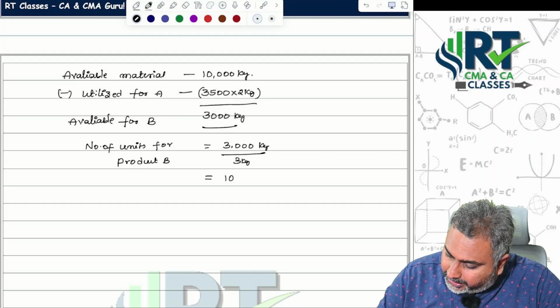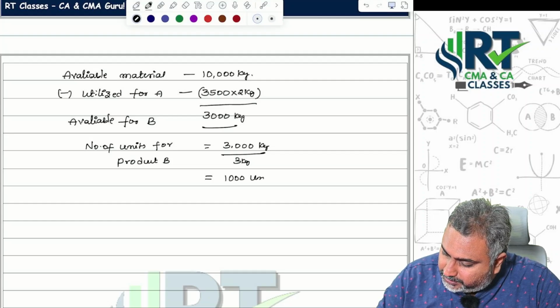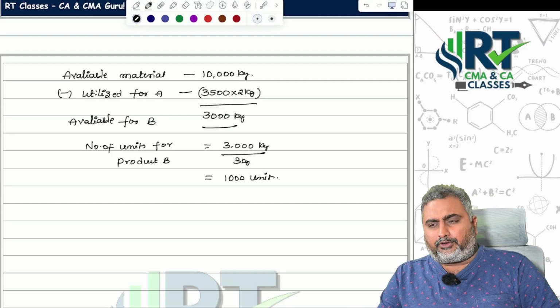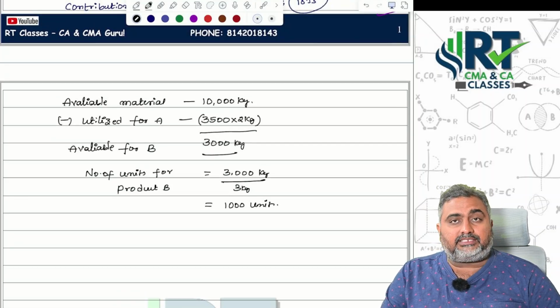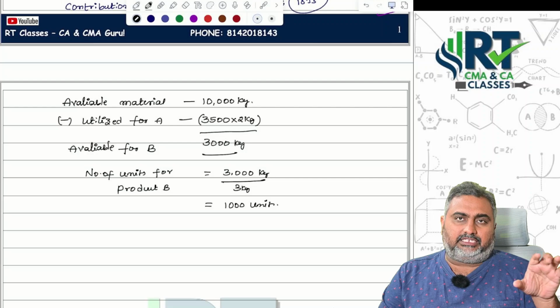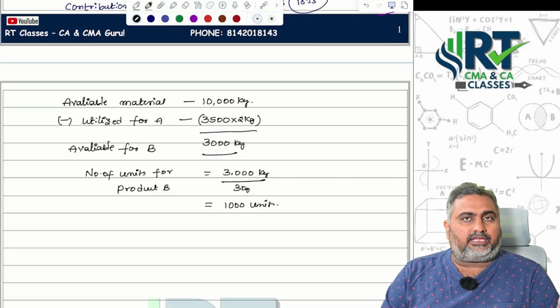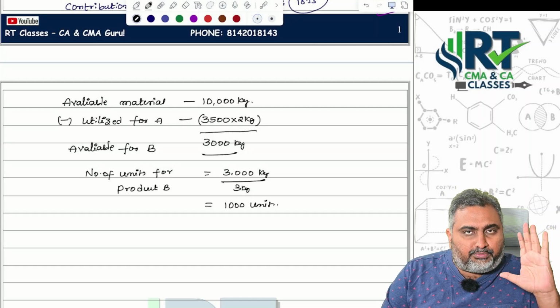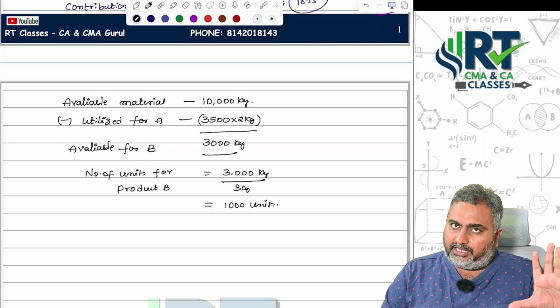So we can make a maximum of 1,000 units for B. How many units can you produce for B? 1,000. Sir, on what basis? Out of 10,000 kgs, already based on the ranking in the key factor analysis, 3,500 units is the maximum you can make for A.